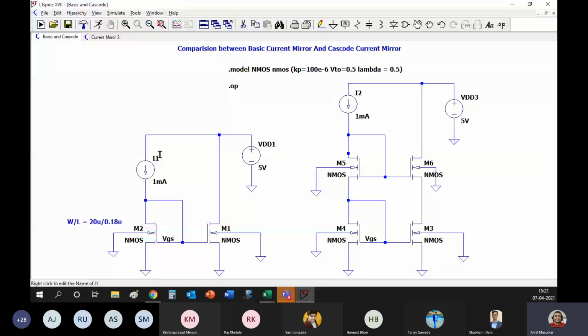So in the first case, the W by L of each and every transistor is 20 by 0.18.